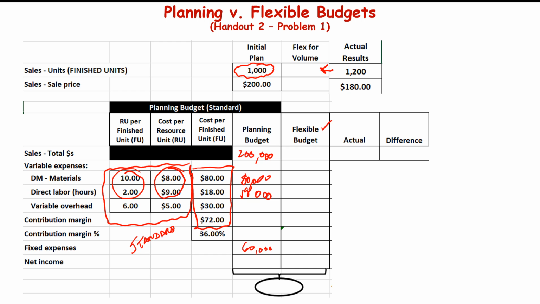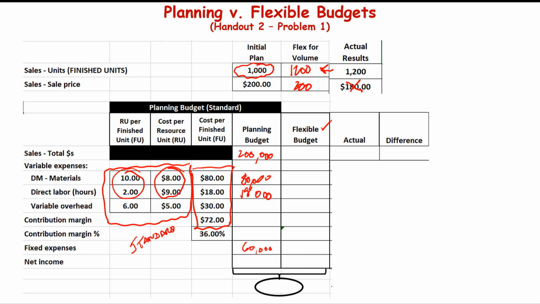It's going to be the 1,200 as the volume that I'm working from, because what I want to do is see what my budget would have looked like if I had actually known that my sales would be 1,200 instead of 1,000. So that's the point we're after.